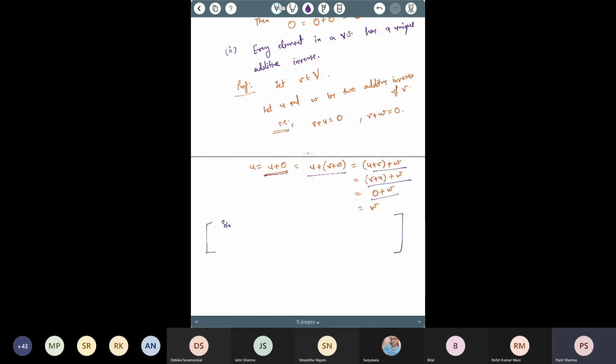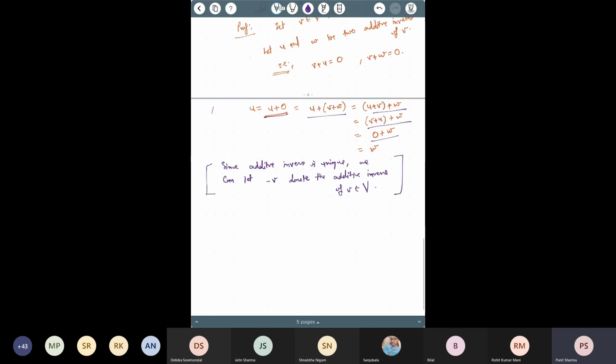So since the additive inverse is unique for every element, we can let minus v denote the additive inverse of v. Whenever I write minus v now, that means it's the additive inverse of v.